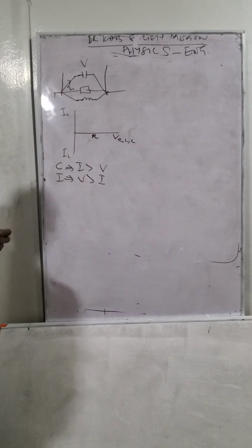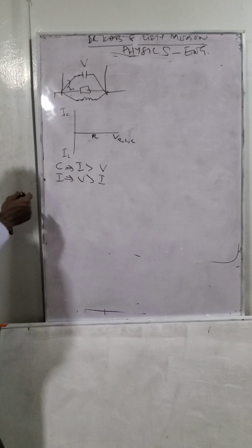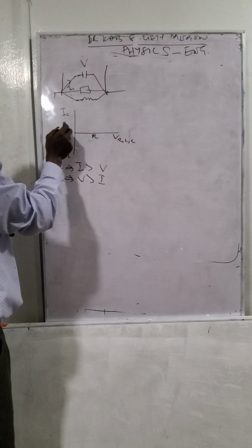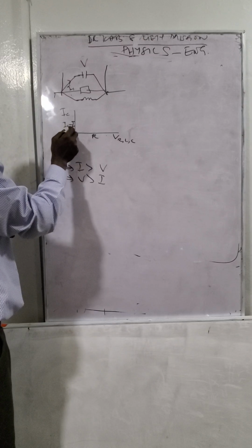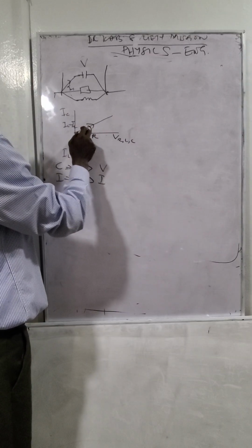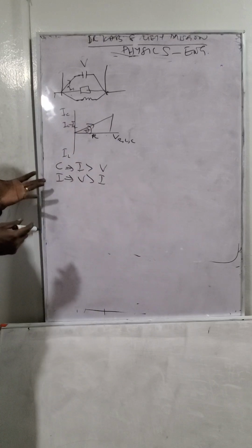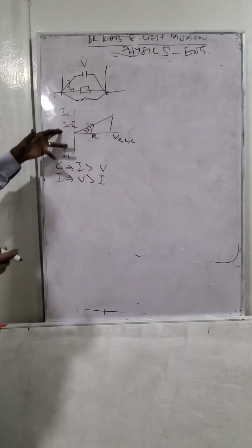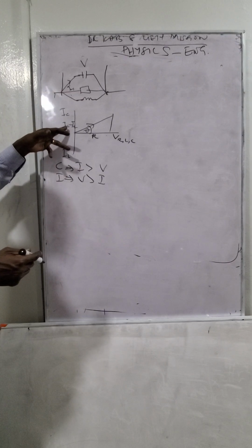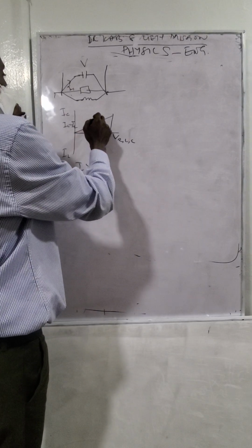Now, if we want to find the effective current, it is the difference between the two, I_C minus I_L. So we just come back to the same thing like we did, but this time we are looking at the difference here. So this is the effective current.